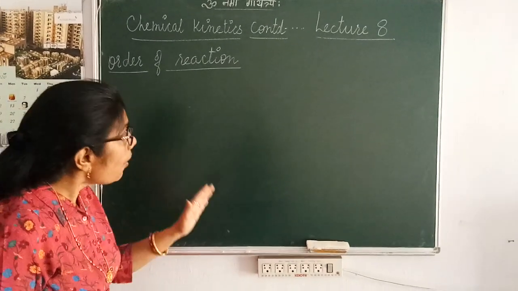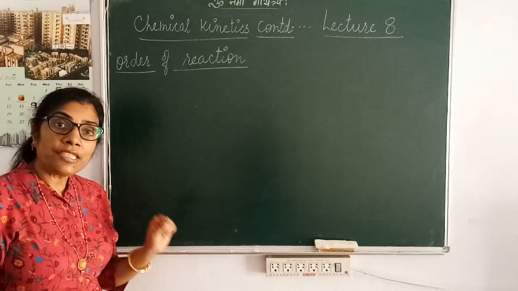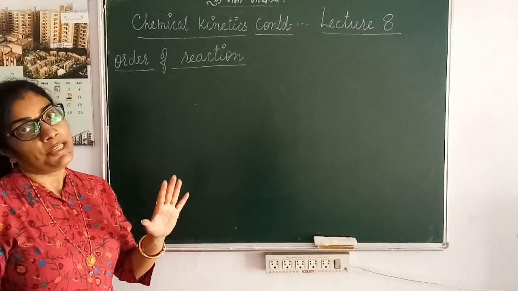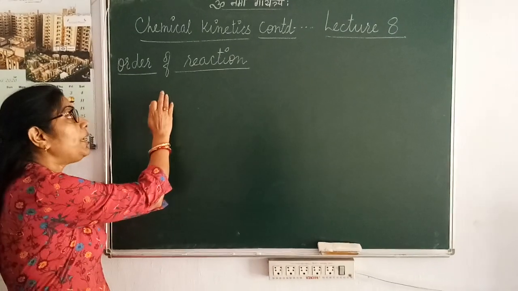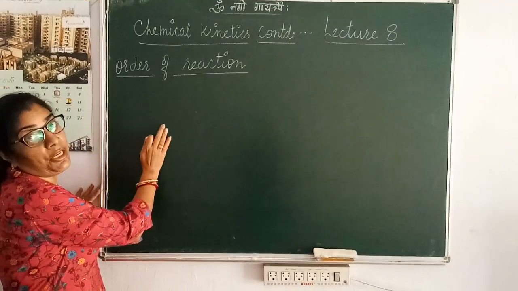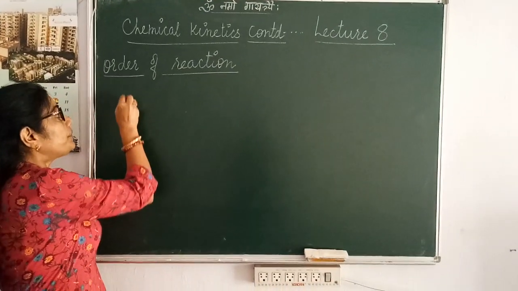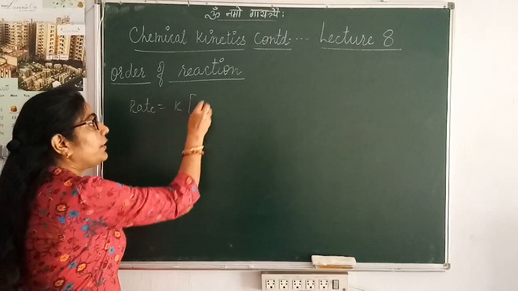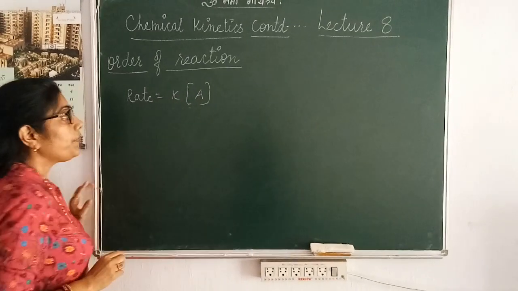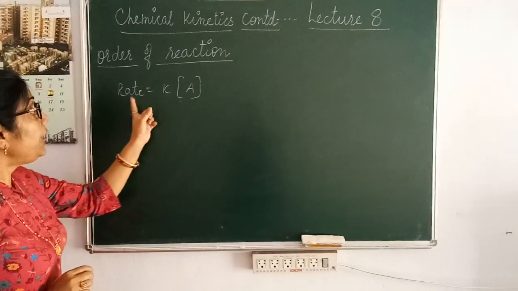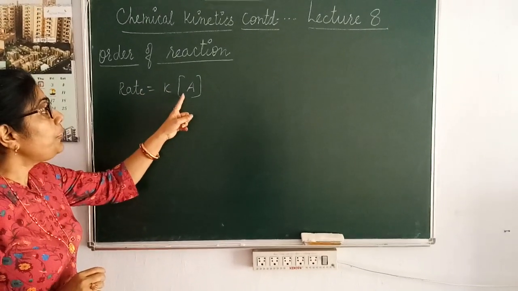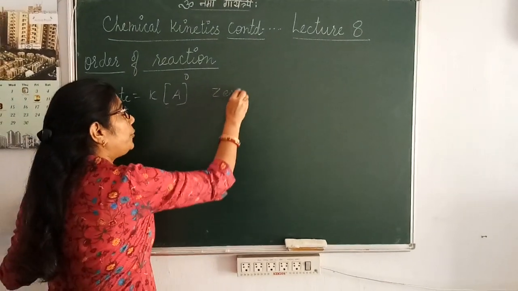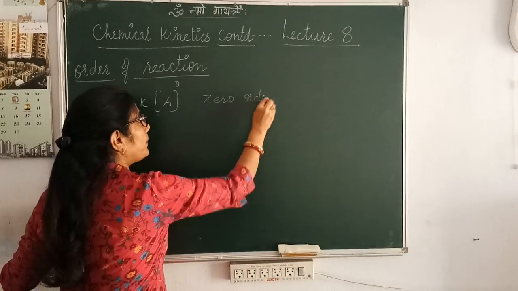It is the sum of the powers to which the concentration terms are raised in the rate law expression. So it is an experimentally derived expression. When K is the rate constant, rate is equal to rate constant into concentration to the power 0, the reaction is said to be zero order.